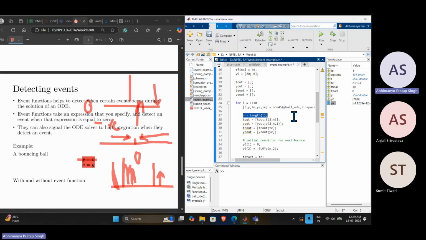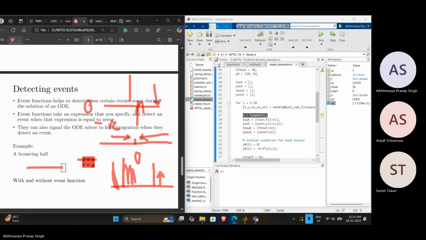For the next time step, the ball has dropped. Now for the next motion of the ball to go up, the time step at this point and the time step at this point will be same, right? So that is why I'm taking all the t from the second time step to the nth time step.